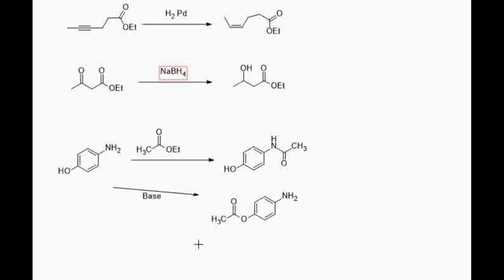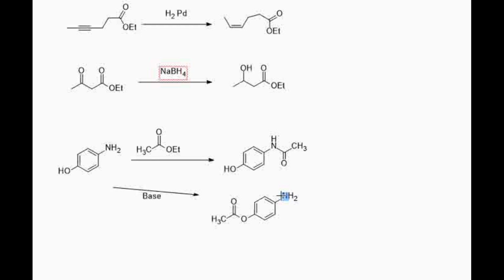As we can see, these two are different products, and depending upon the condition, we have no base and here we have a base. So we can get two different types of products. This is also an example of chemoselectivity.